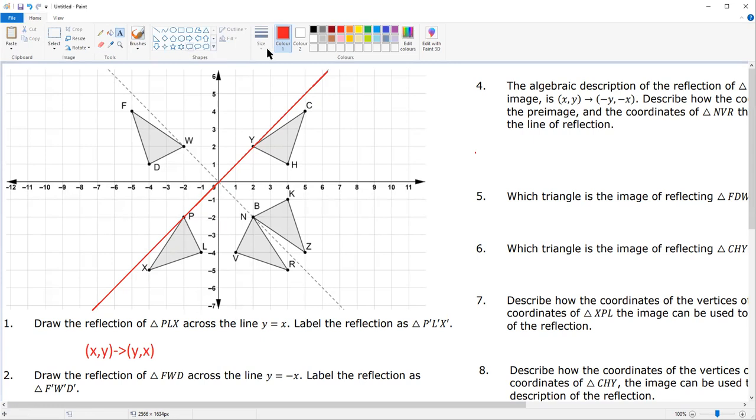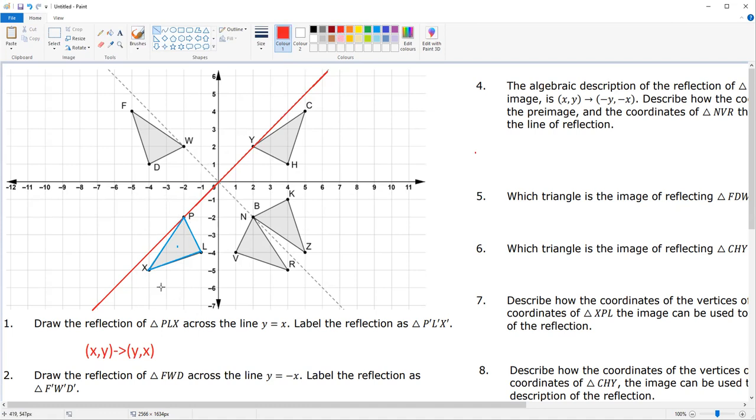Okay, so we set up. Let's call PLX a blue triangle, just for PLX. And then since we're going across y equals x and it's red, we'll make the reflection red.